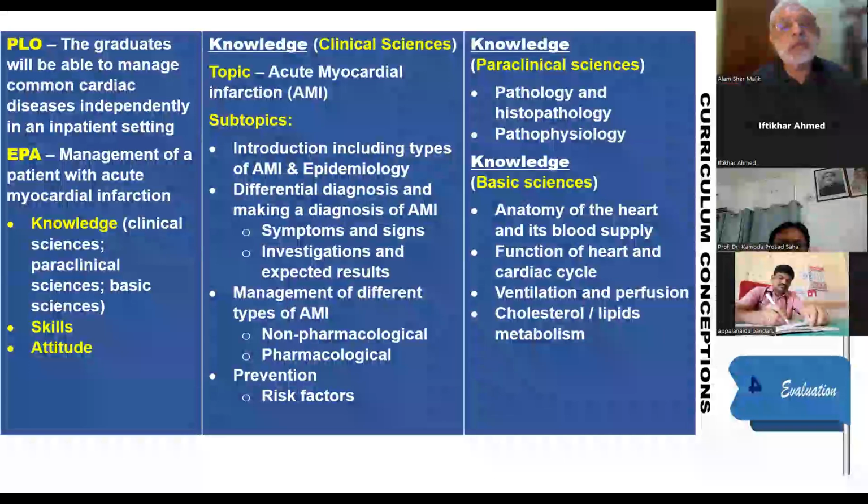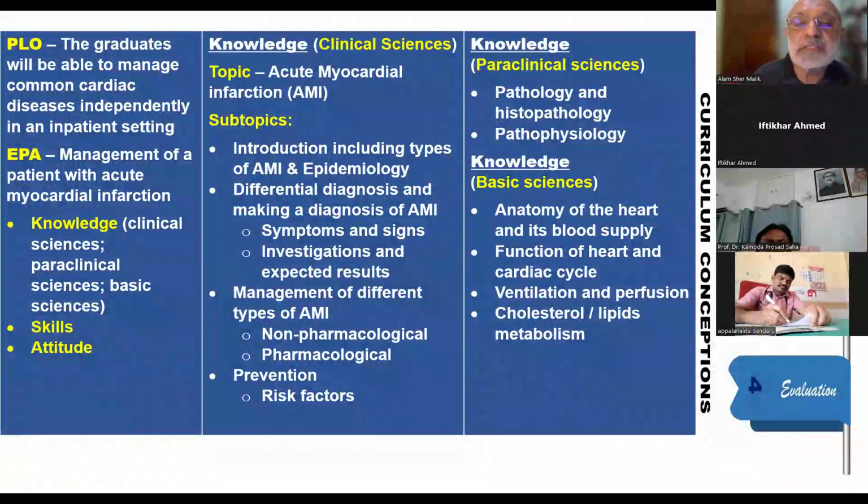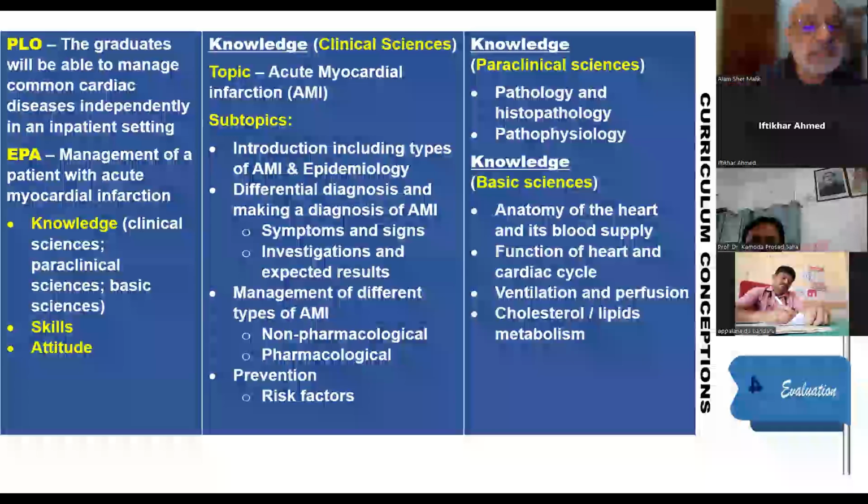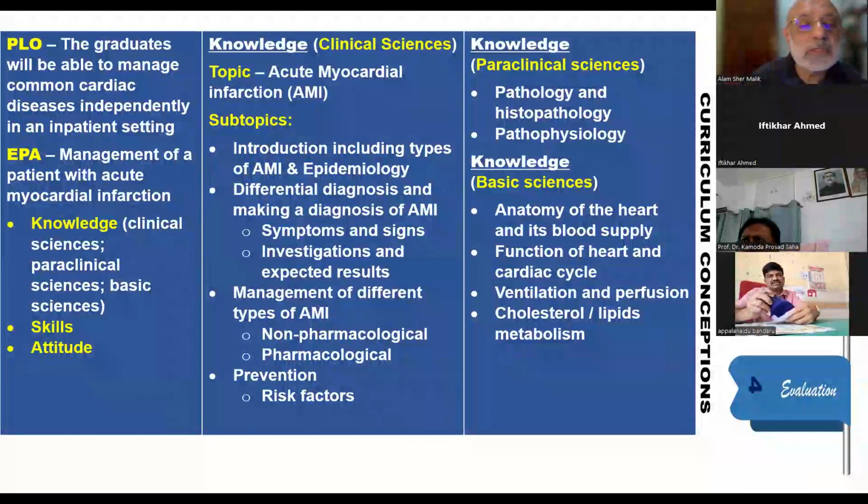So in this way, once we have identified a topic based on its weightage, then we go into the further details of what is the knowledge required to manage that condition, what are the skills required to manage that condition, and what are the attitudes required to manage that condition.